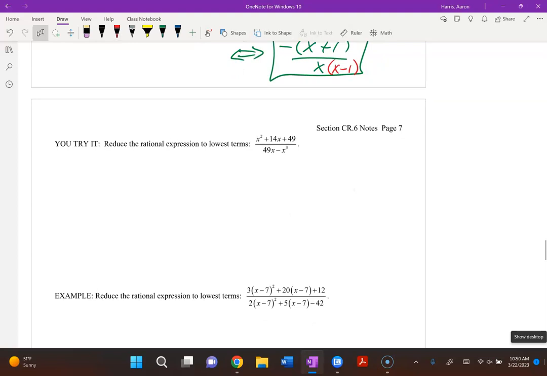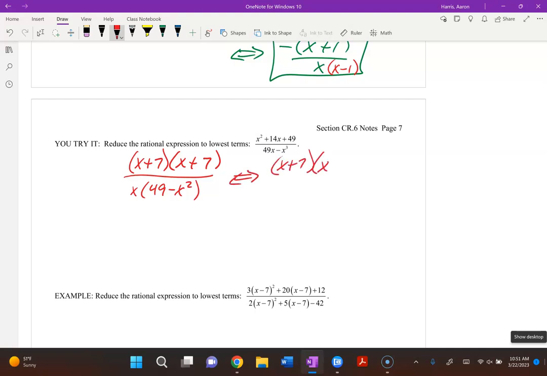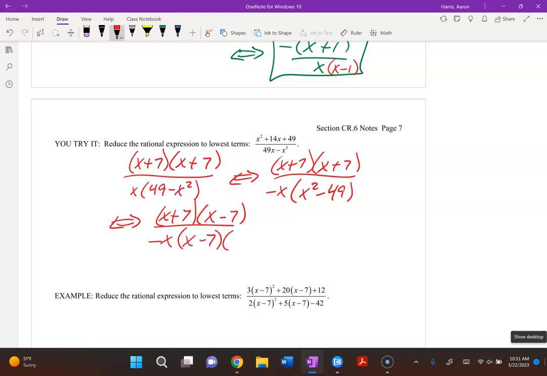A few more of these, and then we'll move into finding values. So x squared plus 14x plus 49. So go ahead and factor that. Bottom, I'm going to factor out an x, and I'm left with 49 minus x squared. I'm going to take a negative x out, so it'll change those to x squared minus 49. So it looks like one of these x plus minus 7s.